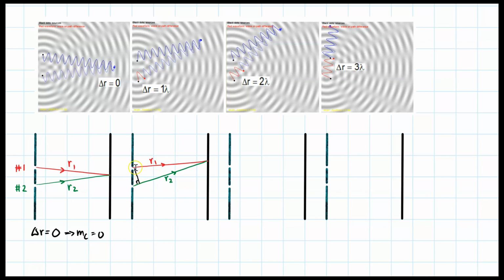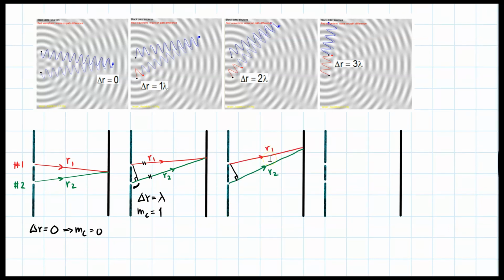If I draw a perpendicular line from the beginning of ray 1 to ray 2, such that this ray and that ray have the exact same distance, then this little tiny bit right here is the path difference between ray 1 and ray 2. In order to form constructive interference, length delta R must be lambda. Therefore, that first interference of constructive has to be MC equal to 1.